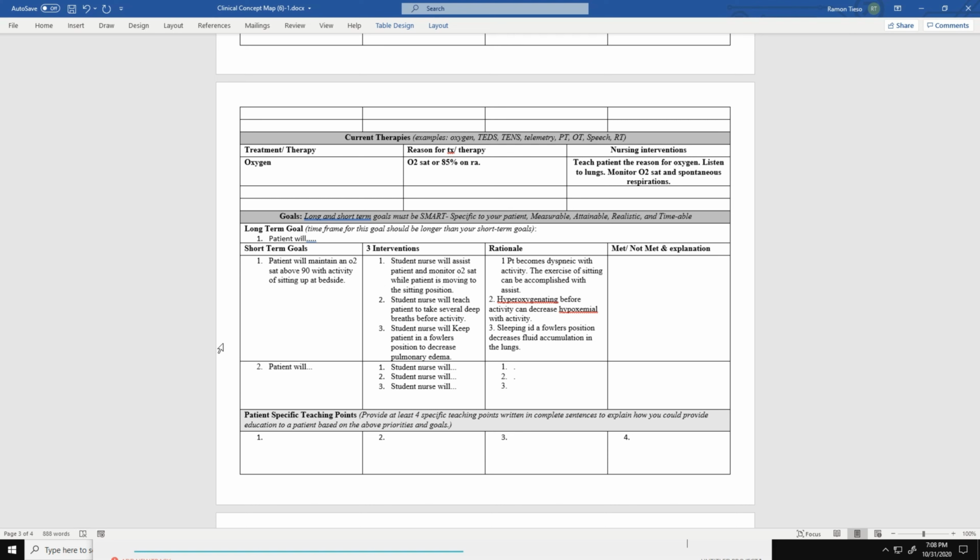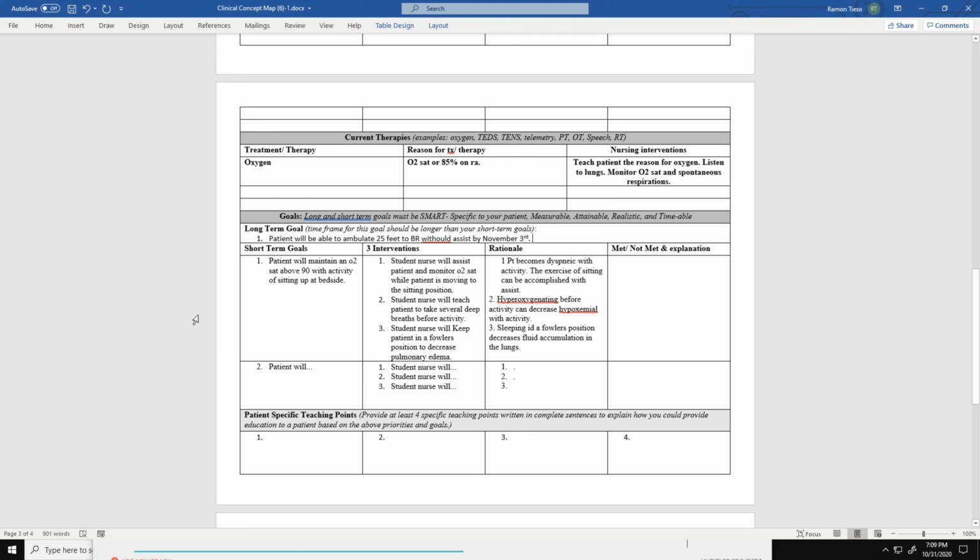A long-term goal could be patient will be able to ambulate 25 feet to bathroom without assist by November 3rd.